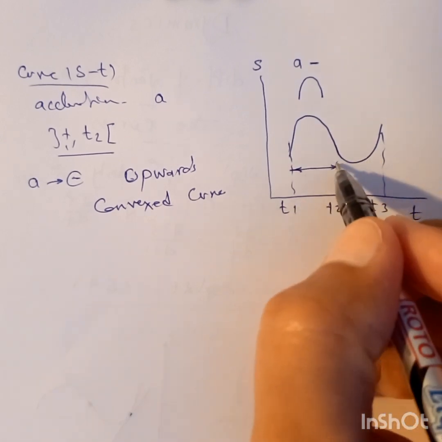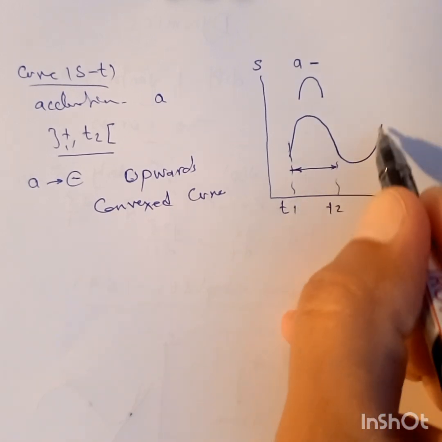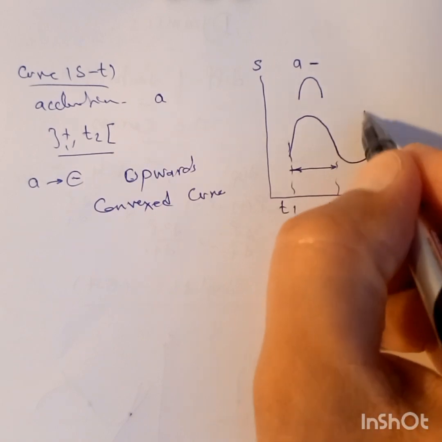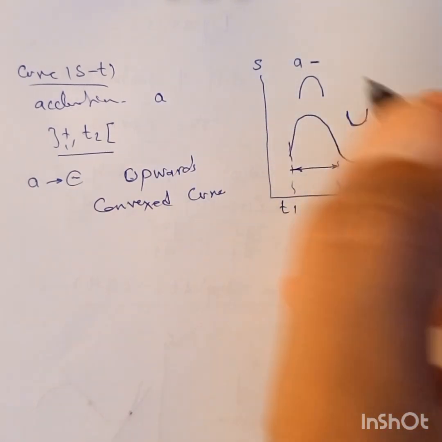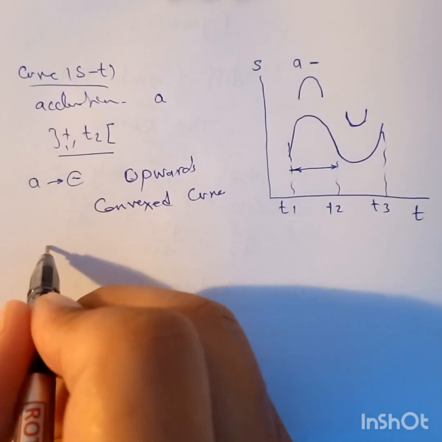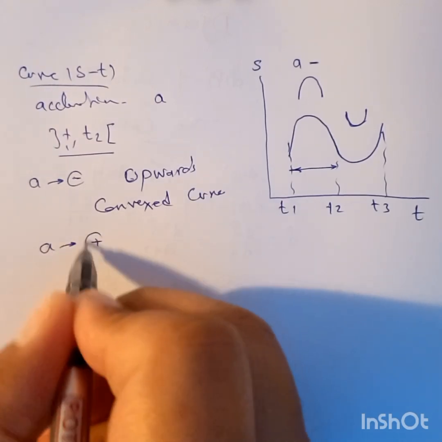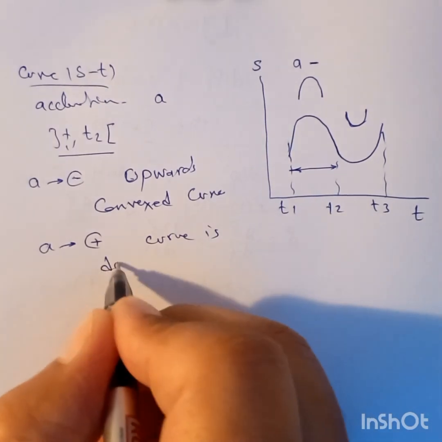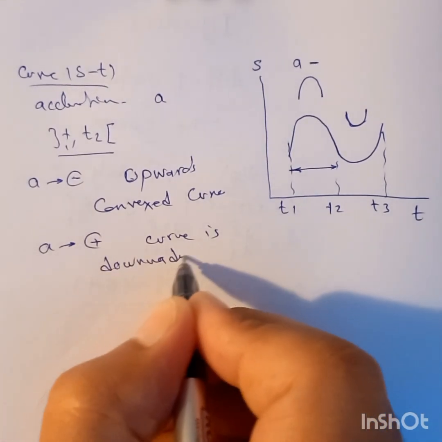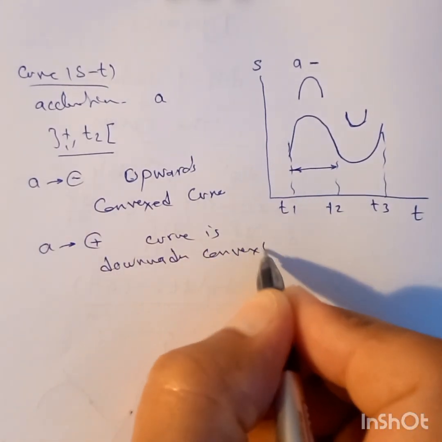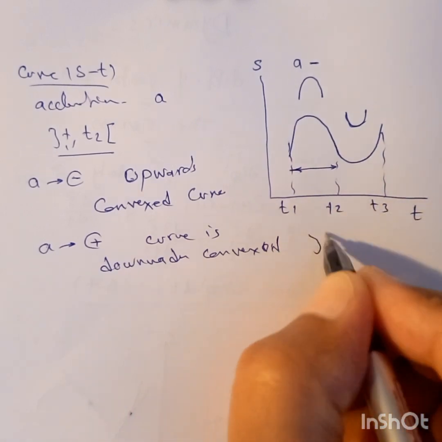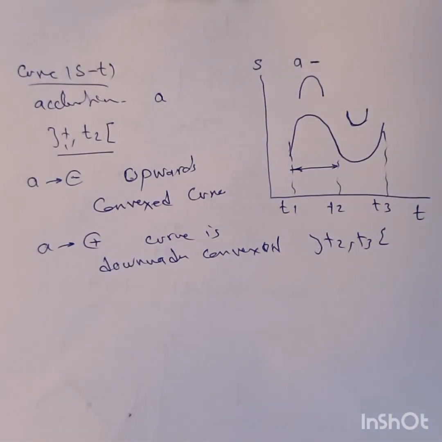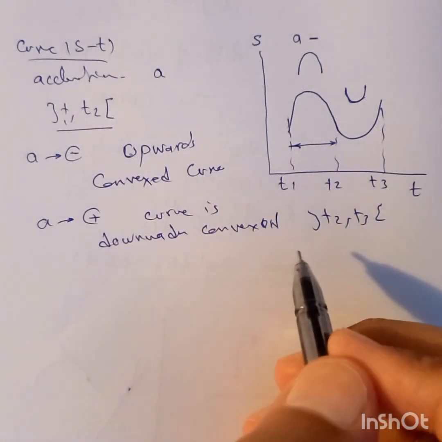If we have t2 and t3, and during this time interval the curve is downwards convex, then acceleration is positive. This is the case during the time interval t2 to t3, and always we use open intervals, as we showed during the explanation.